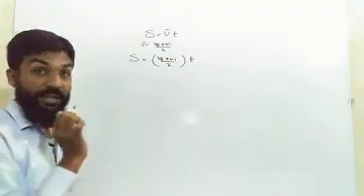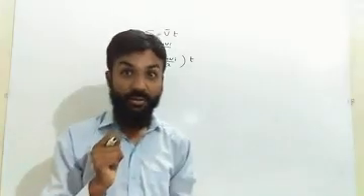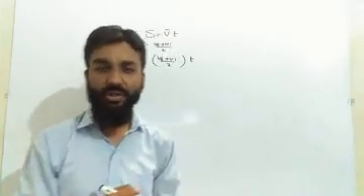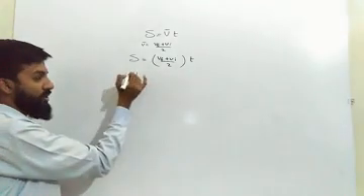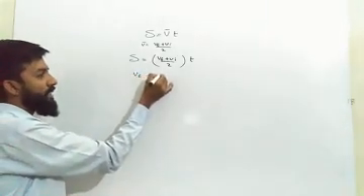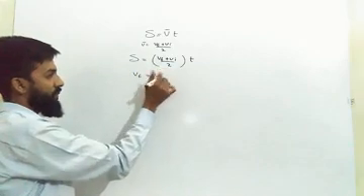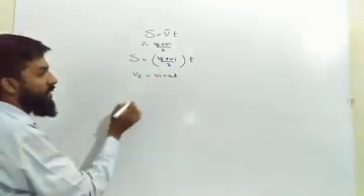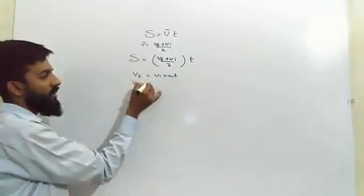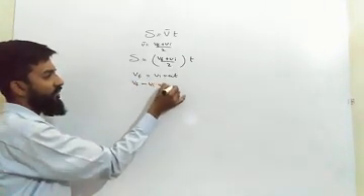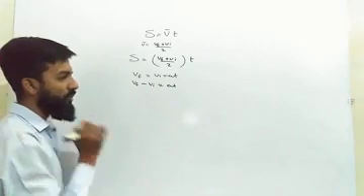Now we want to eliminate t from this equation. According to the first equation of motion, Vf is equal to Vi plus at. When we shift Vi to the left hand side, we have Vf minus Vi is equal to at.